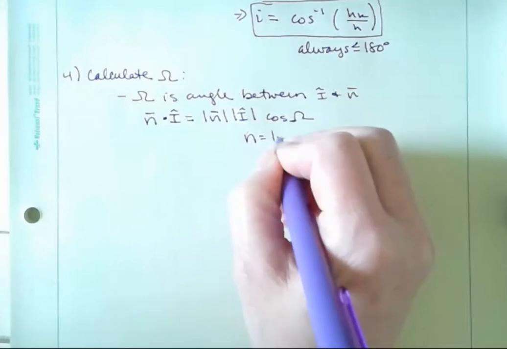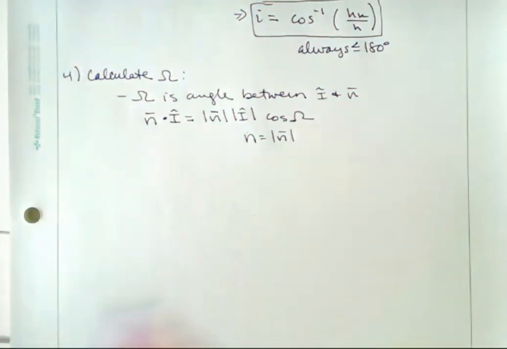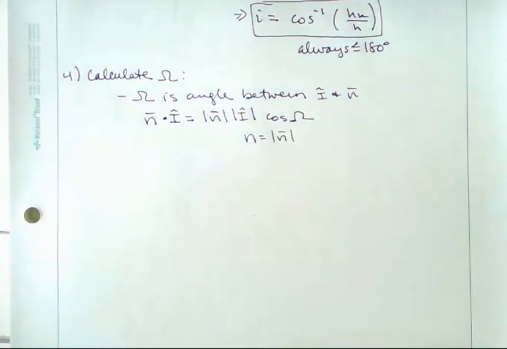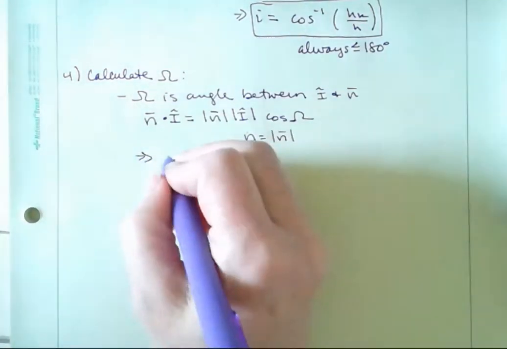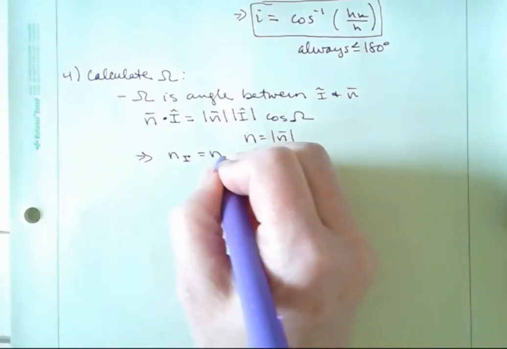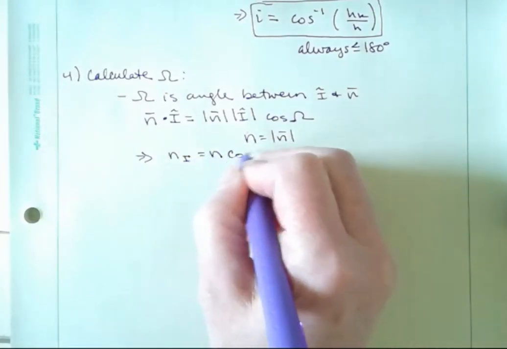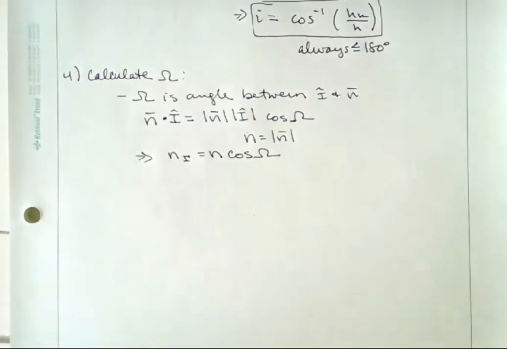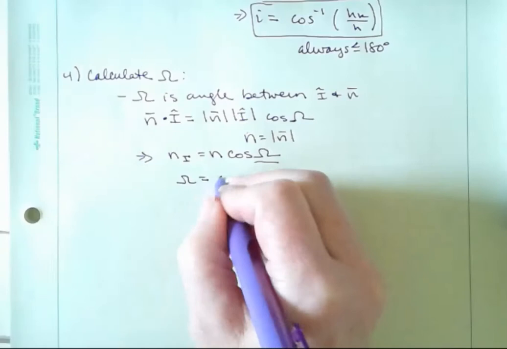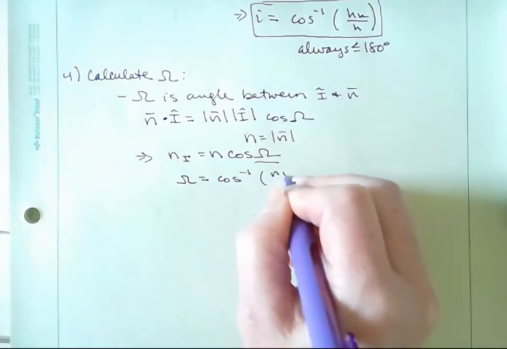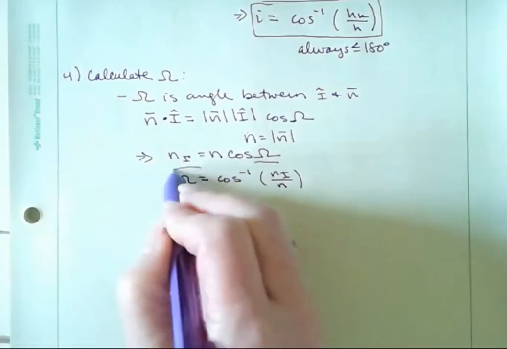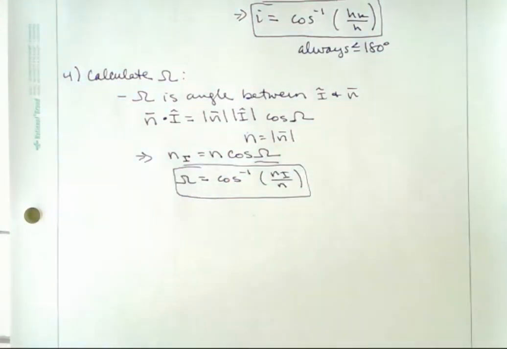So n with no bar over it is just going to be the magnitude of n. We know the magnitude of I has to be 1 because I is a unit vector. So that means the I component of n is going to be equal to the magnitude of n times cosine capital omega. So now just solve for capital omega. That'll equal arc cosine of n sub I over n.